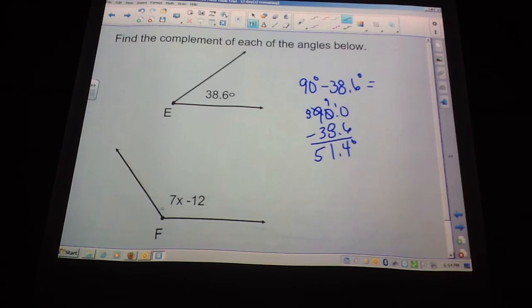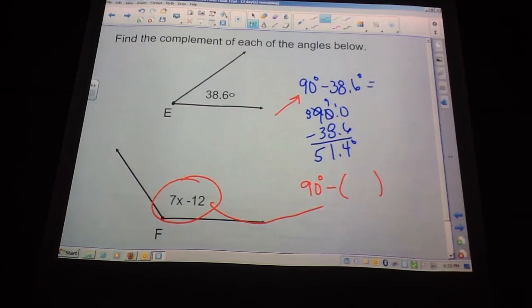Now this one's a little bit tricky, but if we keep in mind the same technique that we used on angle E to find its complement, we're still going to take the 90 degrees minus the angle that we know, which would be 7x minus 12, and we'll get its complement.